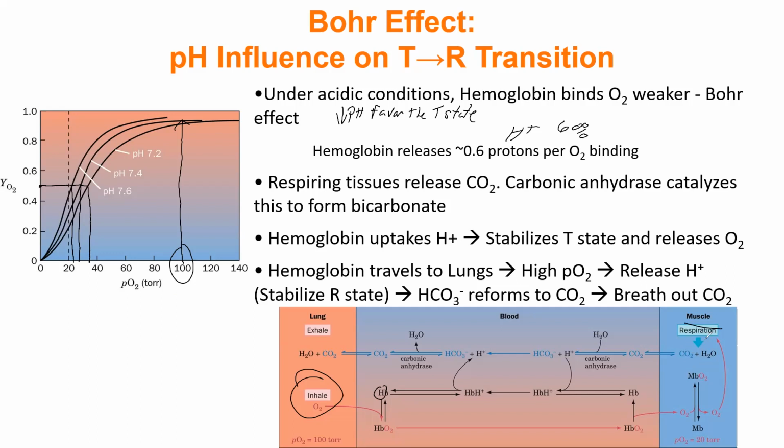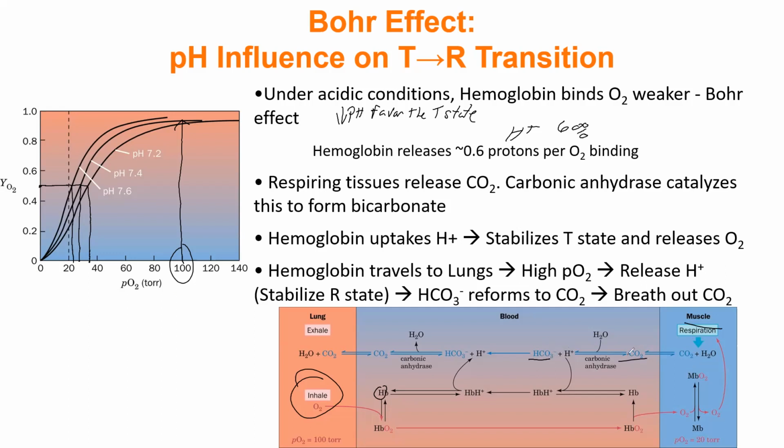So since we don't want a gas in our blood, what we do with carbon dioxide is through an enzyme called carbonic anhydrase, we change it into carbonic acid. Carbonic acid is soluble. Now, this is where it gets interesting, at least to me.